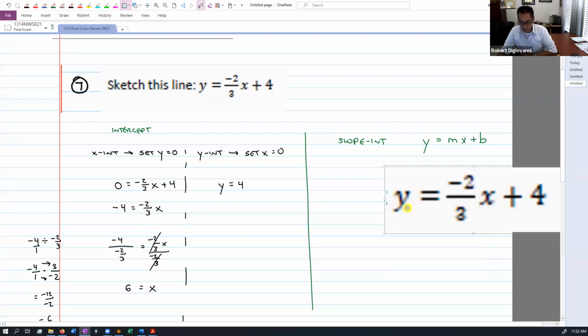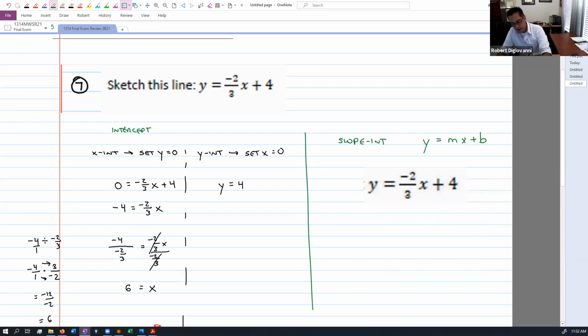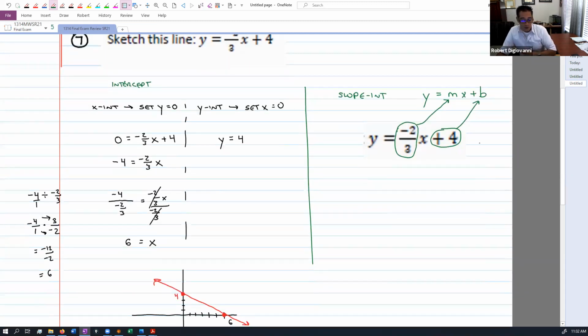Our line looks like y equals m, so this would be our m, times x, and then plus this right here would be our b. And what we learned is that when we have this form, all we have to do is start with the y-intercept of 4. So we've got 1, 2, 3, 4. At 4 here, we put a dot.